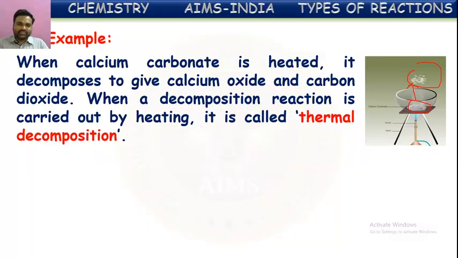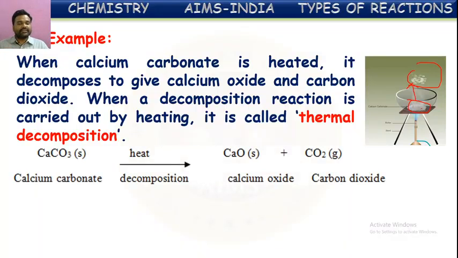So when a decomposition reaction is carried out by heating, it is called thermal decomposition also. Thermal means heating. So the decomposition which is carried out by the heating process is called thermal decomposition. Here the decomposition of calcium carbonate is a thermal decomposition reaction.